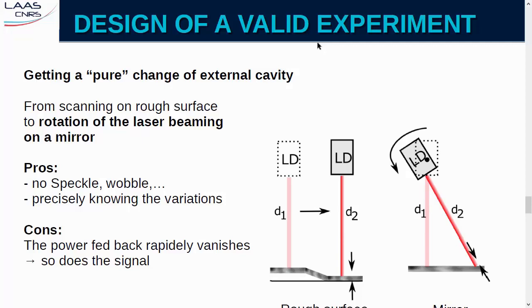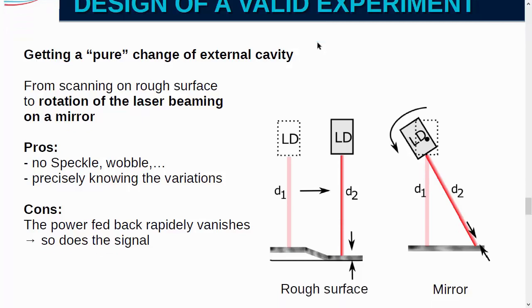The drawback is that when you go tilted on a mirror, then the light does not come back toward the laser, it is reflected elsewhere. So the power that is fed back will vanish, and the signal, of course, will vanish too.